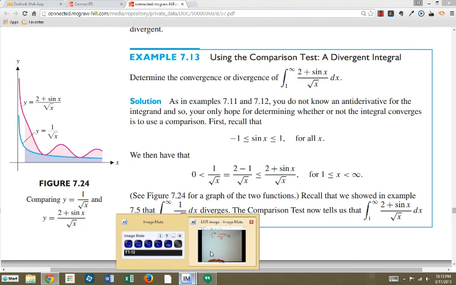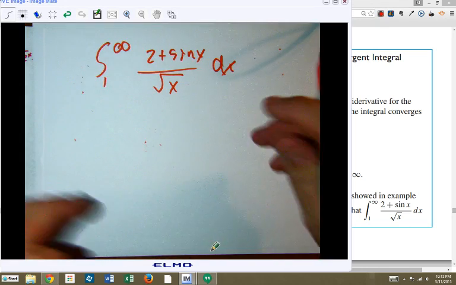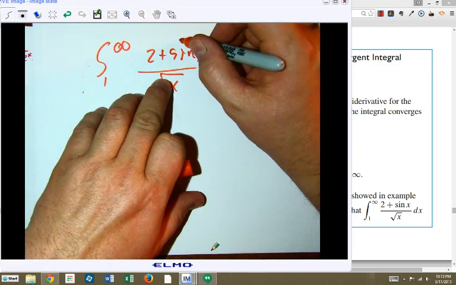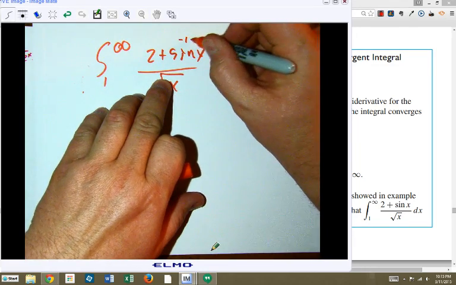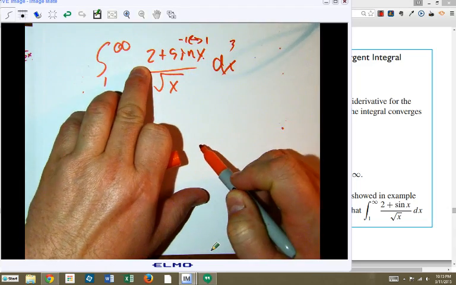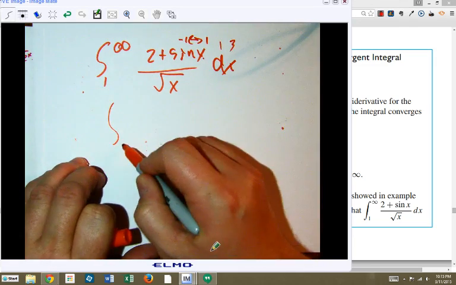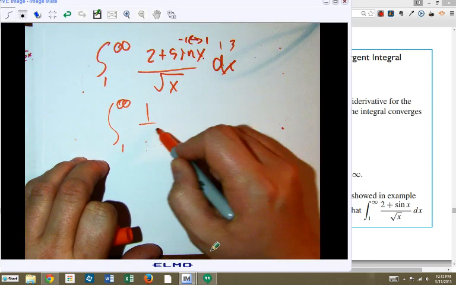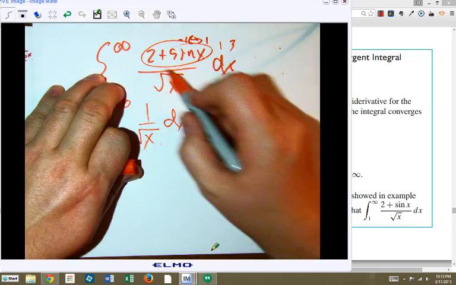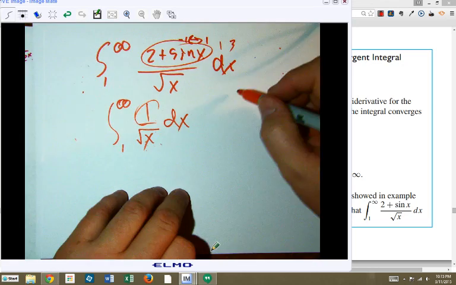Well, sine x has to be somewhere between -1 and +1. So the biggest this number on top could be is 3, and the smallest it could be is 1. So if I just replace this with 1 over square root of x dx, that means whatever's on top here is smaller than what's up here, meaning this graph is going to be lower.